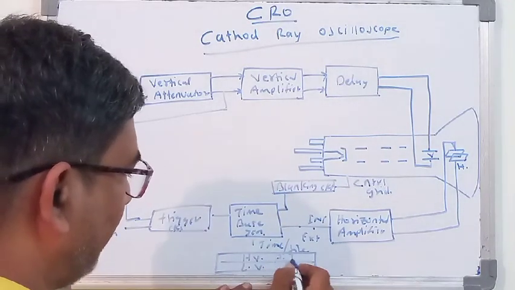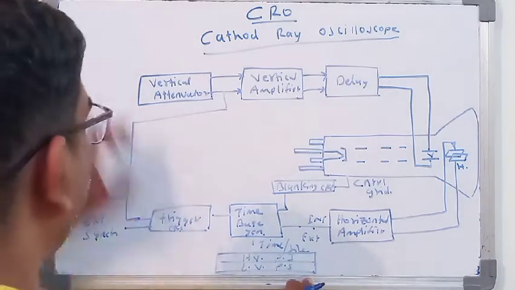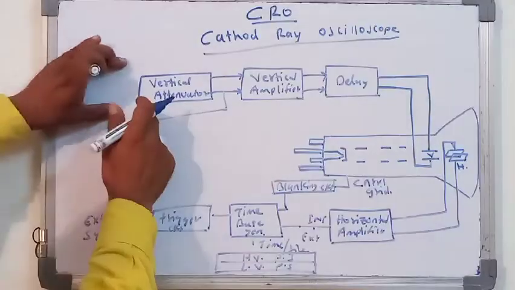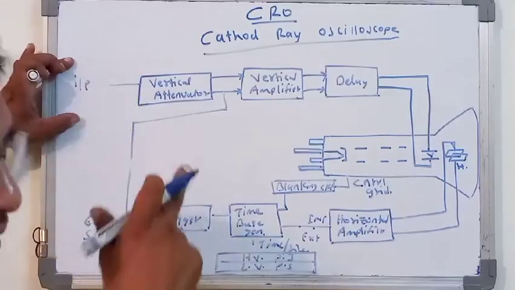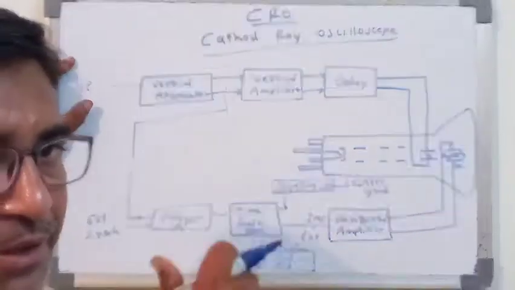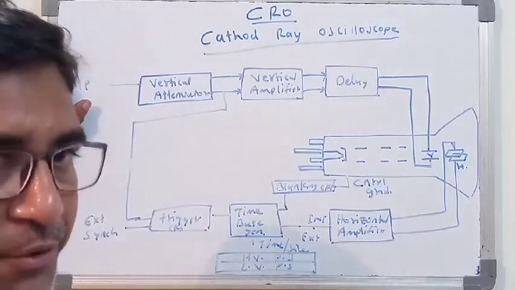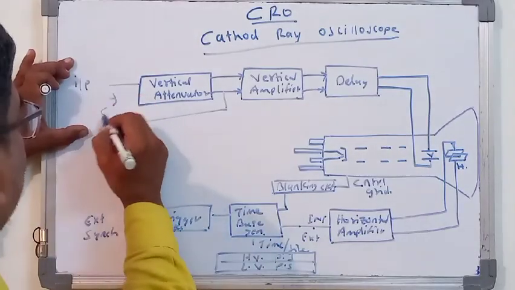At the vertical attenuator we have to give the input value. Whatever cable is connected is input to that particular channel, channel number 1 or channel number 2. So the input value is the Y signal.